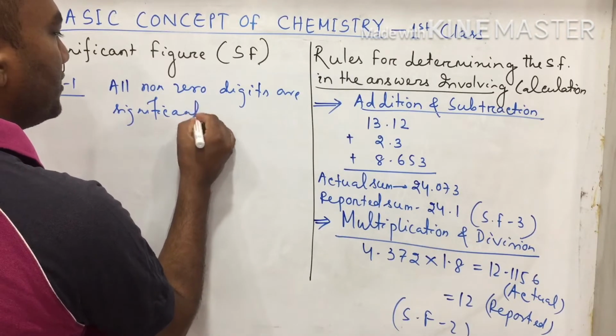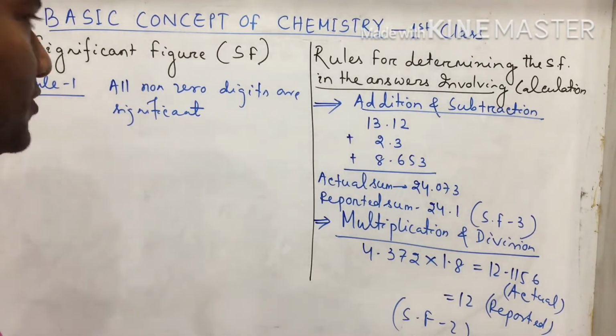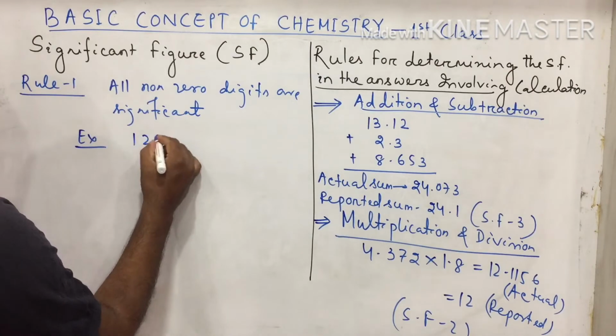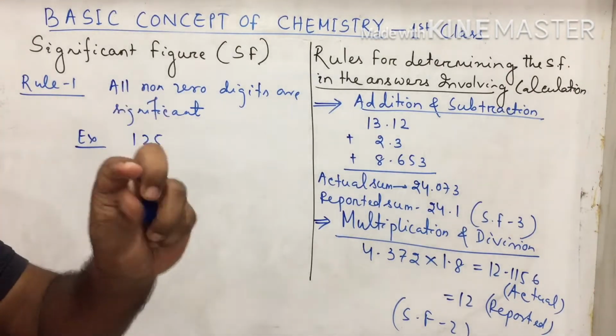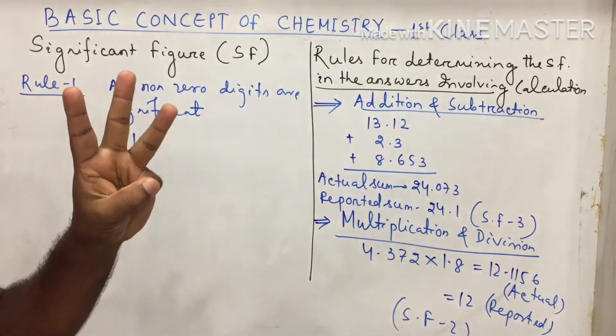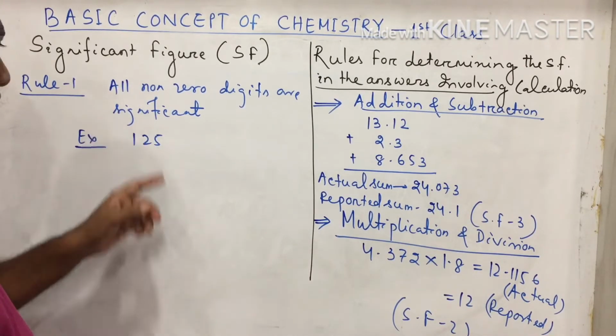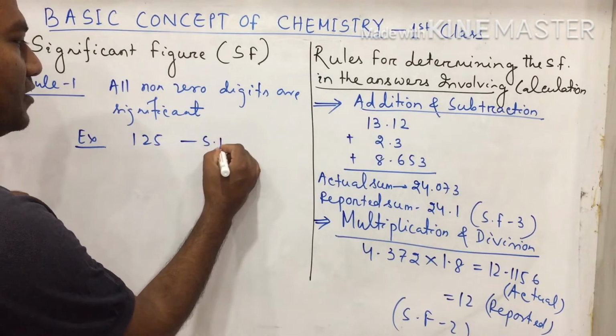All non-zero digits are significant. Example, suppose 125. So how many digits are there? 3 digits: 1, 2, 5. Yes or no? So here the significant figure is 3.